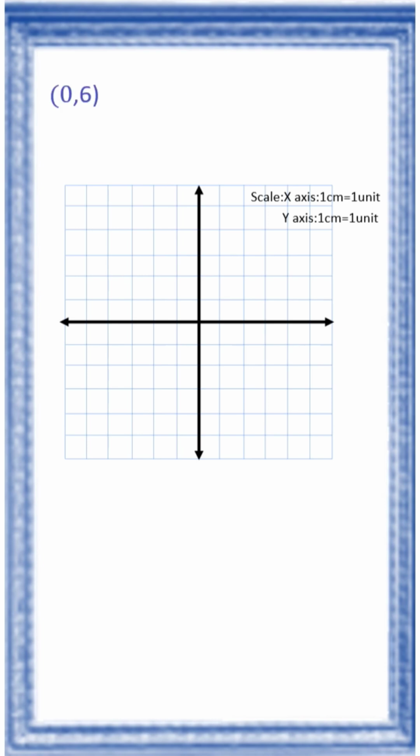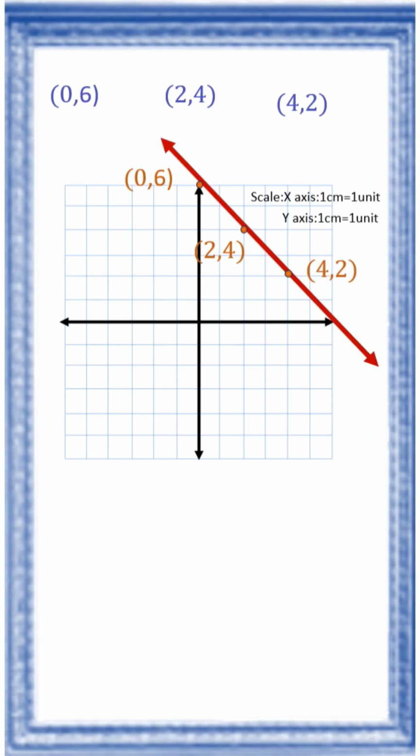Now let us have the coordinate points for the first equation and now let us plot the points. Now let us join the points by a straight line which represents the first equation. Now second equation, points.